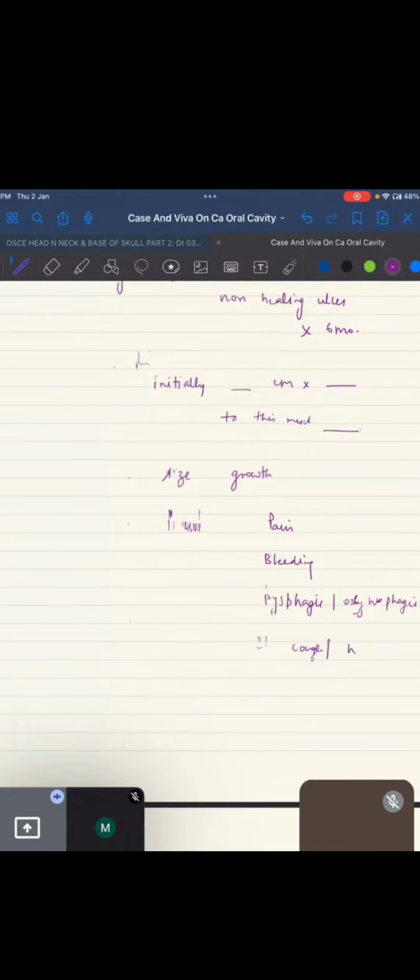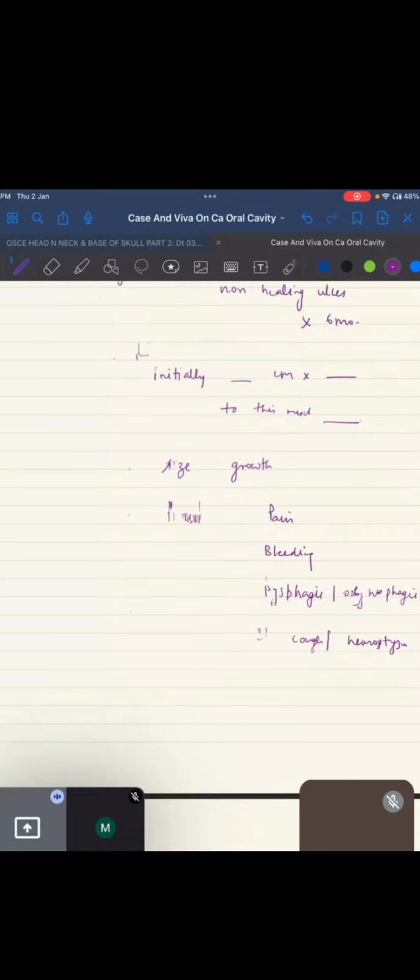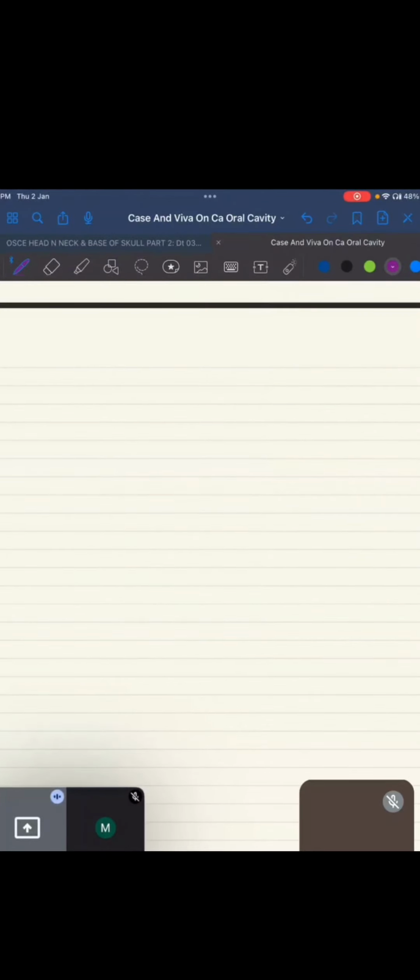Is prolonged cough there, is hemoptysis there, and one very important thing which you have to mention is whether there is any history of sharp tooth? Why? We will see in a while.